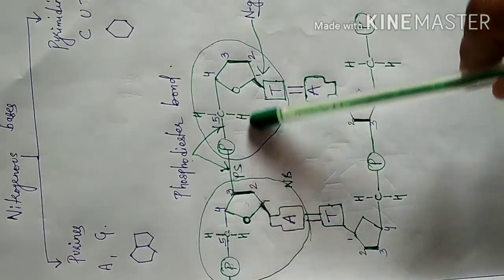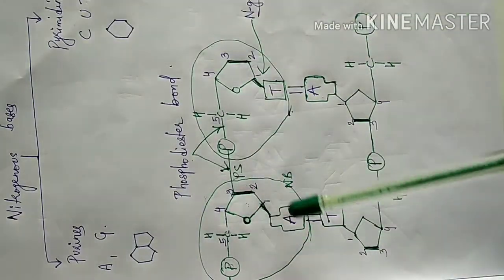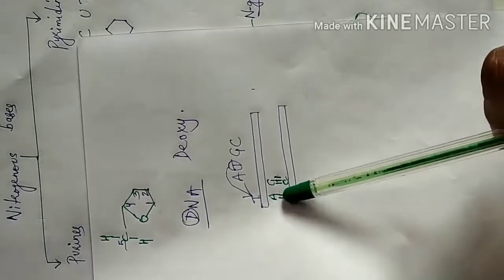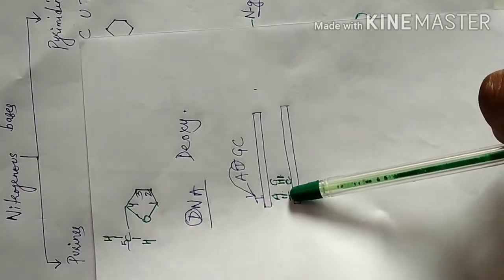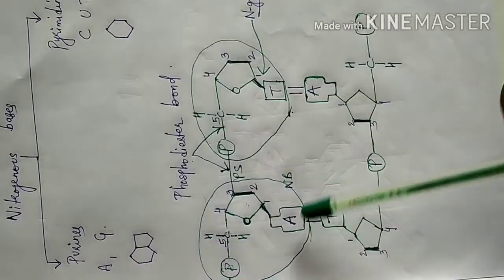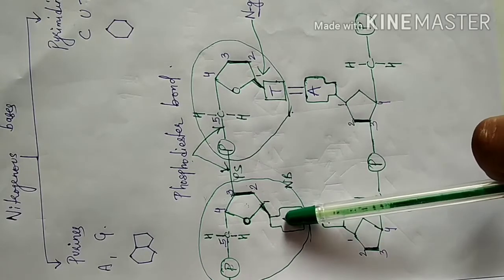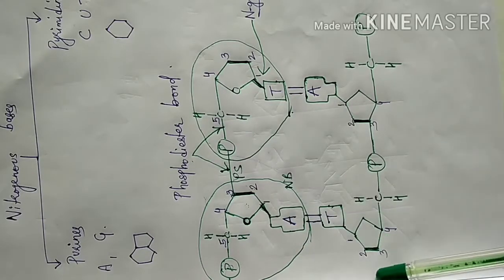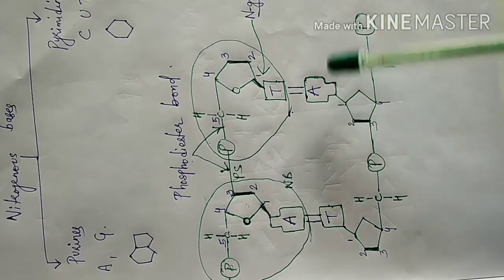So it is forming one helix, and the nitrogenous base, like here, adenine bonded with thymine, okay. So adenine bonded with thymine, I've shown it here. So this is the other helix, the lower helix, okay.